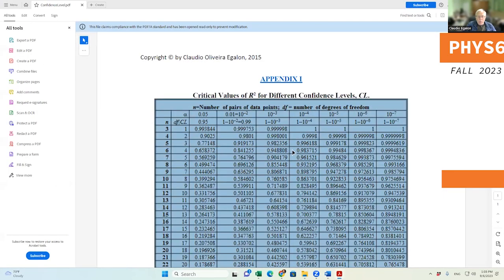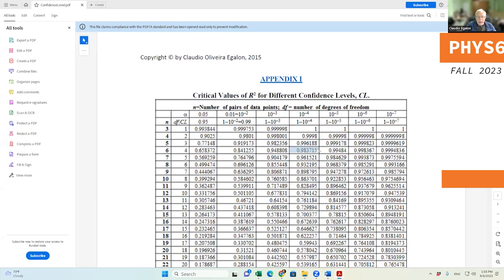And now we're going to concentrate on this value alone. Number n equal to 6. And here our R square coincides with the critical value in the table.